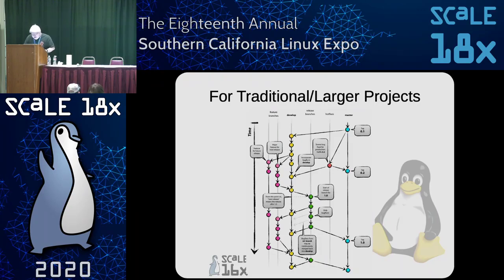So for traditional large software projects, fairly slow releases, this is a good branching model. You have a master branch, and the master branch is basically untouchable. You don't do anything on the master branch.